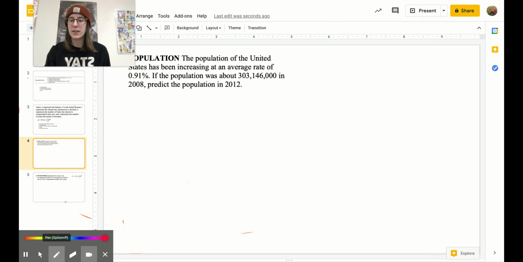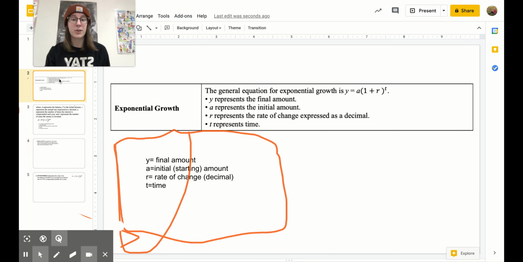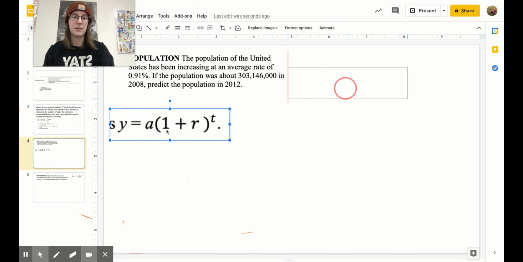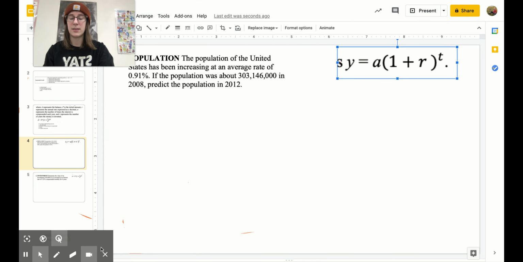So again, I'll remind you that our growth formula, we wrote it here. It's y equals a parentheses 1 plus r to the power t. I'm actually just going to screen grab this and copy it over just so you can reference it. So that's what we're using. Scribble that out.